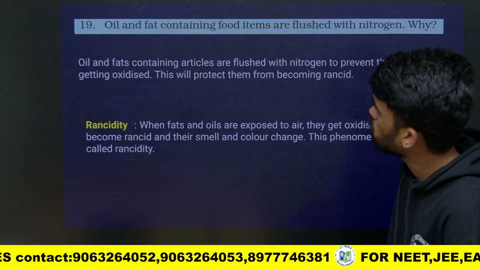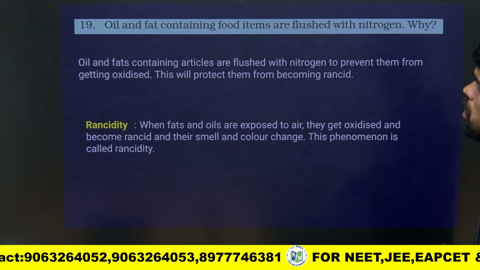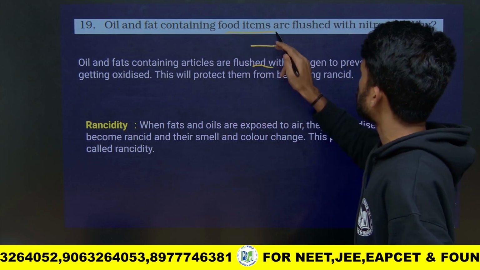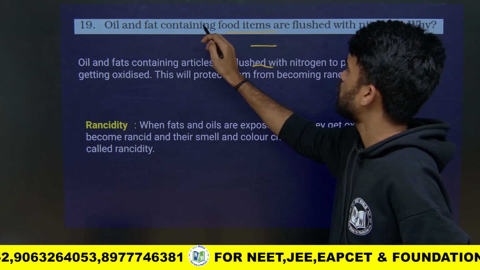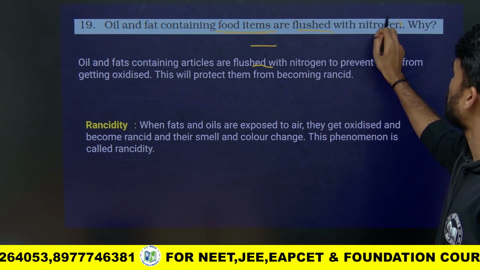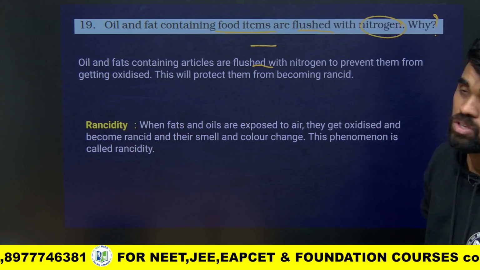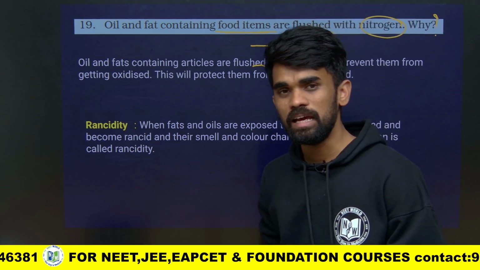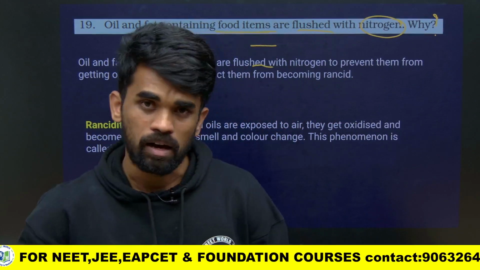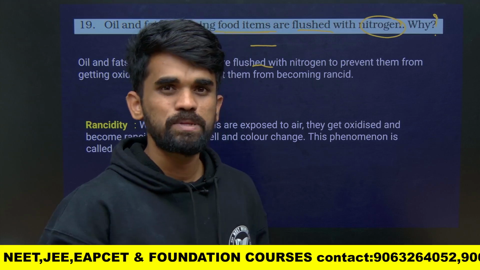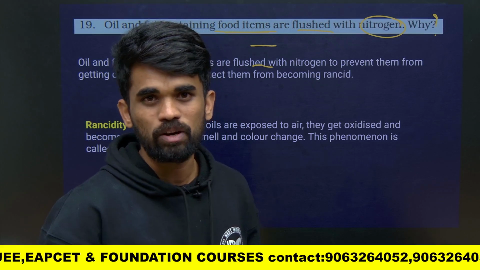Okay, let's look a little more deeper. Oil and fat containing food items are flushed with nitrogen gas. Why? Where do we see this in our daily life? If you look at a chips packet, there are many chips packets in our market now.